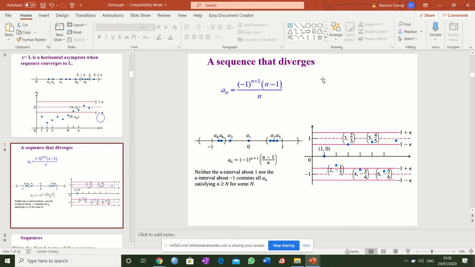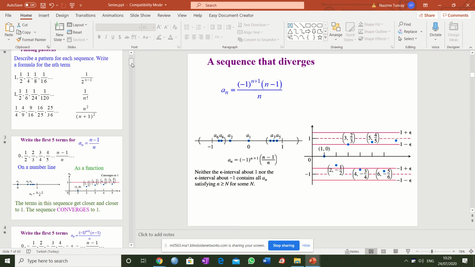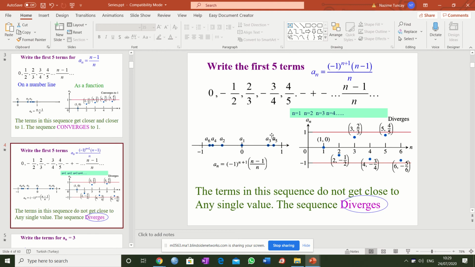What about a sequence that diverges? We see that it has different directions. It has positive values at the top, and it has negative values. So it doesn't reach a certain number. Like the example here, it has positive values and negative values.